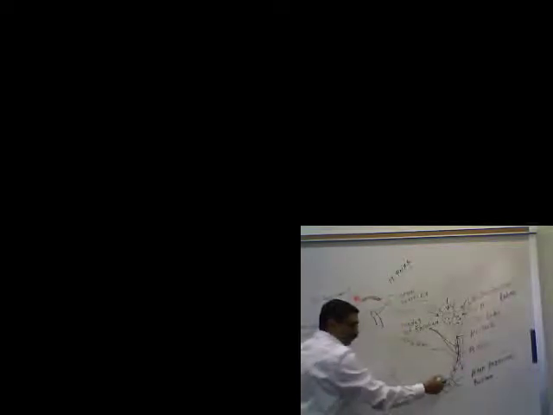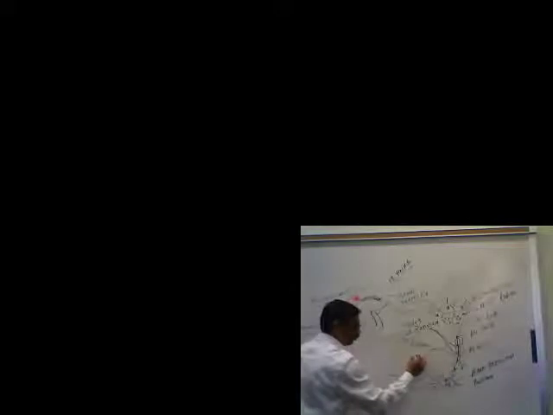So the neurotransmitters are released here from the axon terminal. You remember, in the case of the neuromuscular junction, the axon ends on the muscle fiber. But in the brain or neural tissue, the axon ends on the dendrite of the next neuron and releases the neurotransmitter here. And this is the synapse.